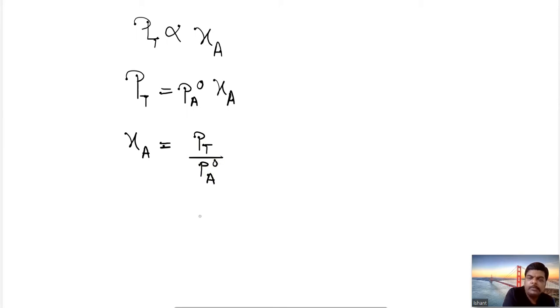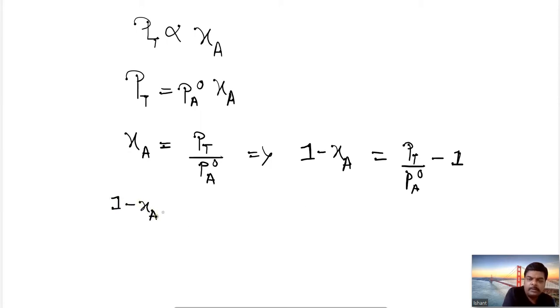On subtracting 1 on both sides, I will get 1 minus XA equals PT upon PA naught minus 1. Taking the LCM, it becomes 1 minus XA equals (PT minus PA naught) divided by PA naught.